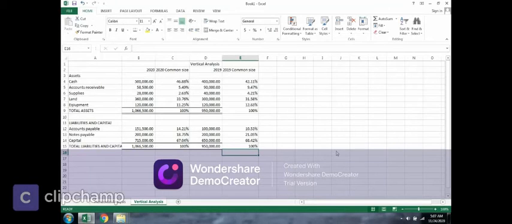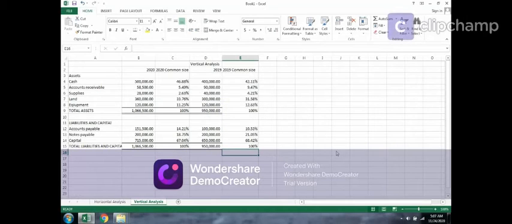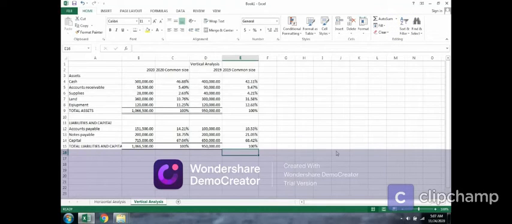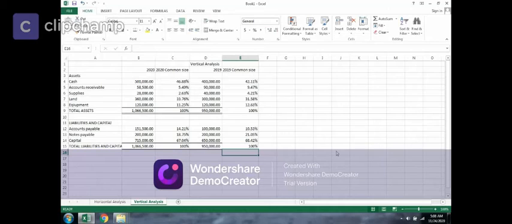How about the equipment? Try to solve. The correct answer is 11.25%. Same goes to the total liabilities and capital, which is 100%.